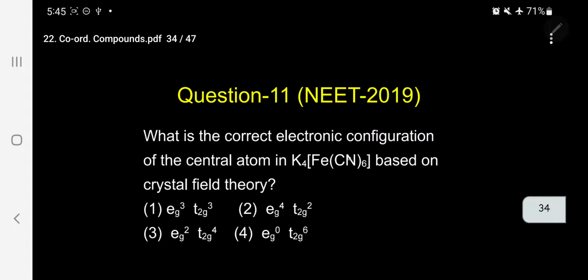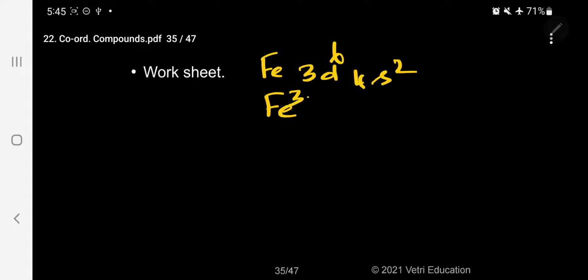I will do the work now. Kindly follow. What is the metal given? Iron. The metal is iron. So iron means it is 3d6 4s2, but it is given with oxidation state Fe3+, so the configuration is 3d5, and for Fe2+ it is 3d6.